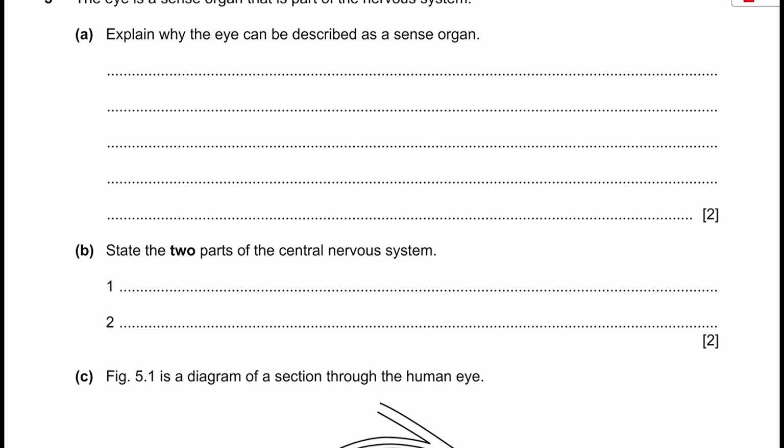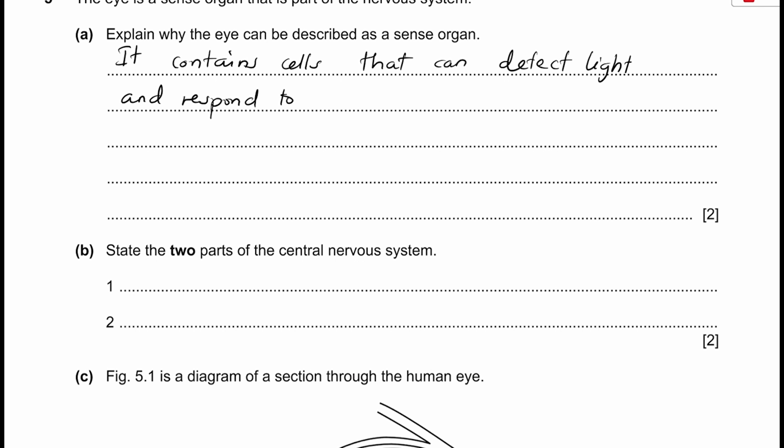Alright, so we'll say that the eye is a sense organ because it contains cells that can detect light and respond to it. So these cells can respond to light which is of high intensity, but also they can respond to light which is of low intensity.